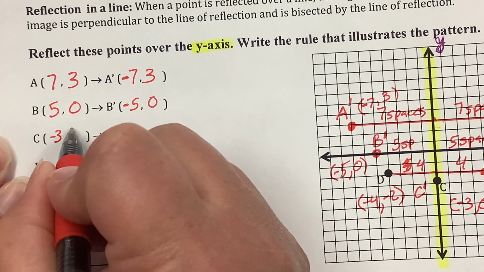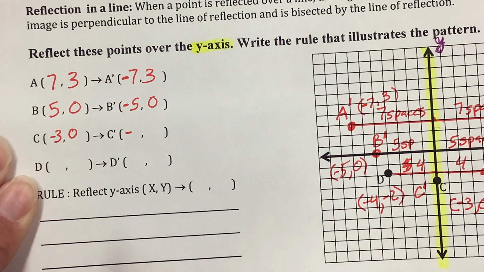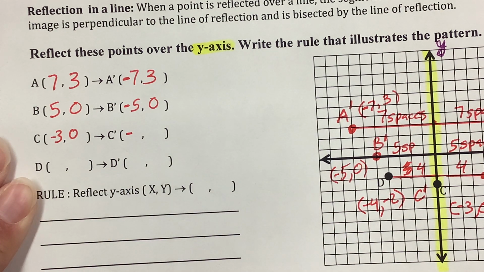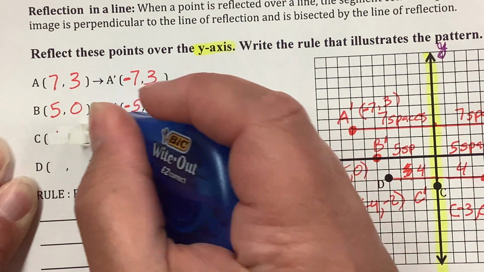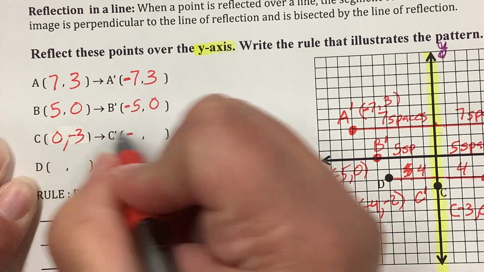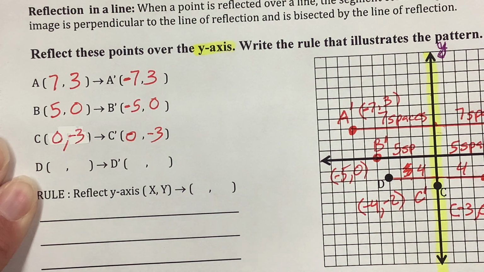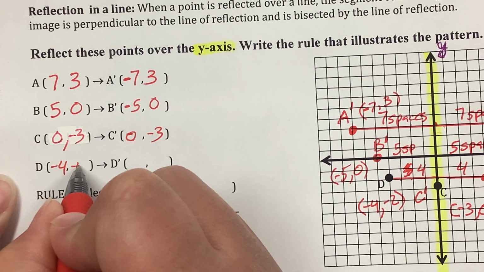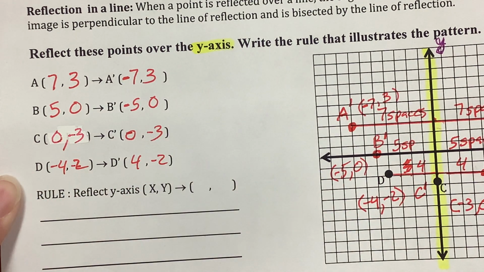It's at 0, -3, and it stays at 0, -3. Oh my goodness, I would have given you very bad information there. And D, which was -4, -2, goes to +4, -2. So what's the rule?